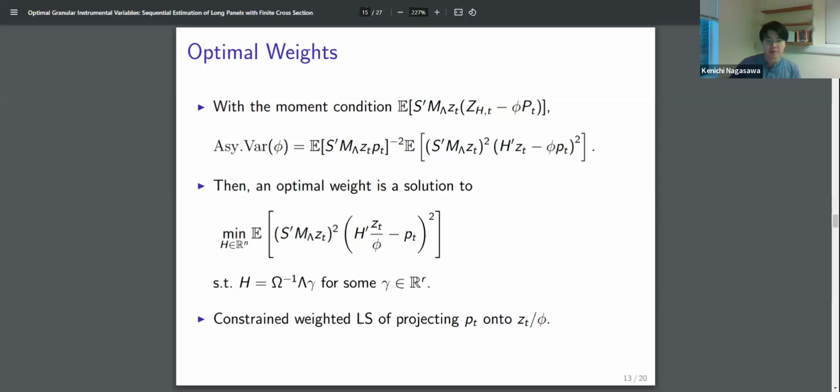So having characterized the optimal instrument given H, the moment condition, we can use this one. And then we can characterize the asymptotic variance of the GMM estimator of the supply elasticity under regularity conditions.